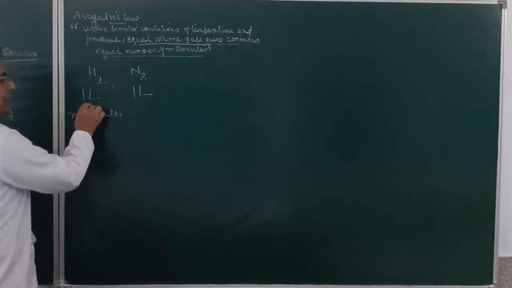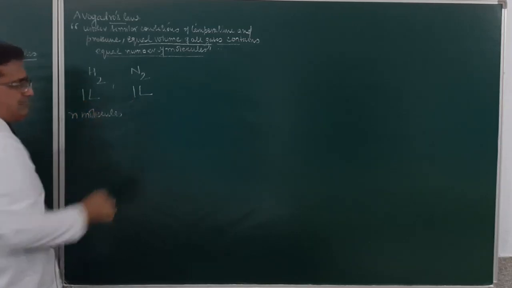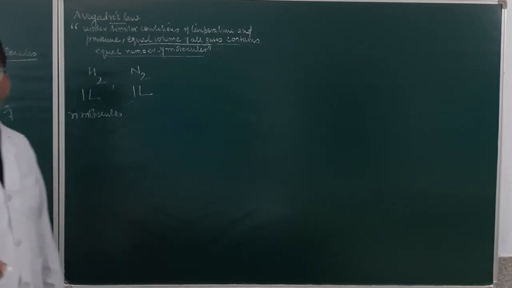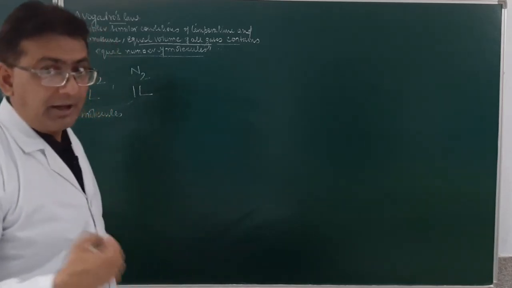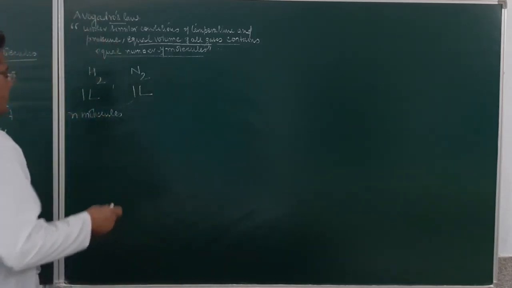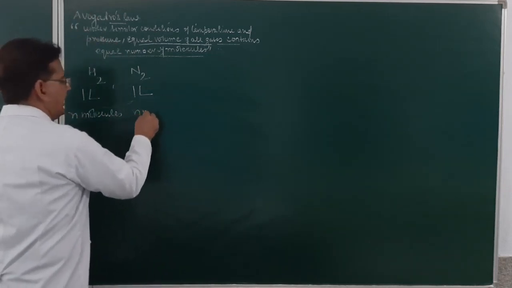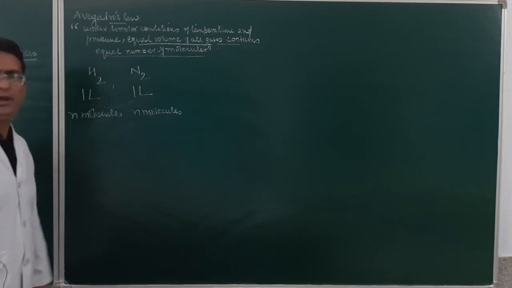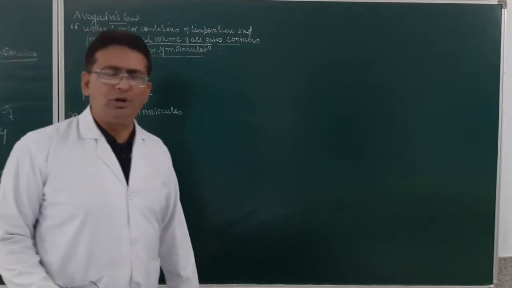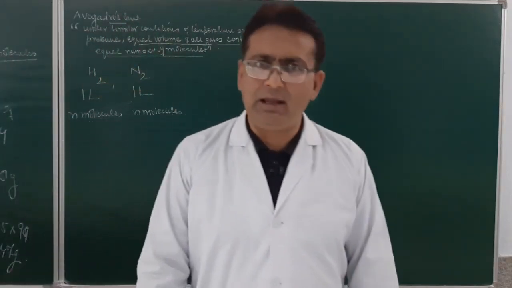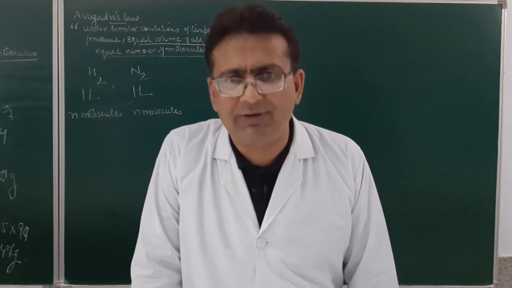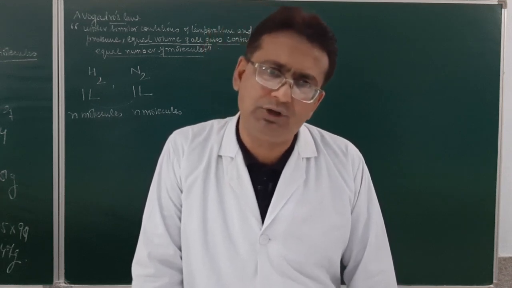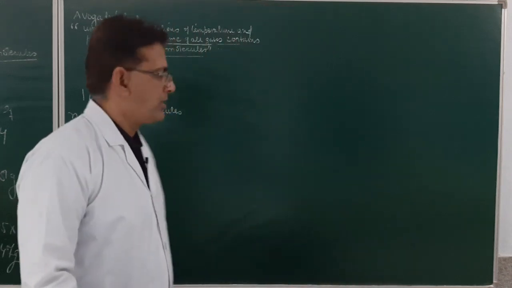So according to Avogadro's law, if the volumes are same and the condition of temperature and pressure is not changed, then the number of molecules will also be same. So here we will have n molecules. Is the law clear? Equal volume of all gases under same condition of temperature and pressure always and always contain equal number of molecules. Am I clear?